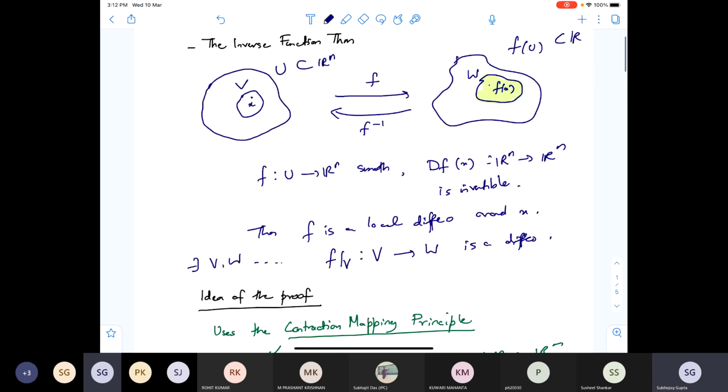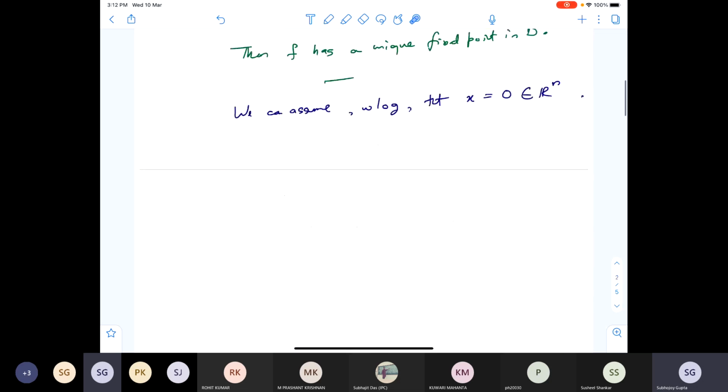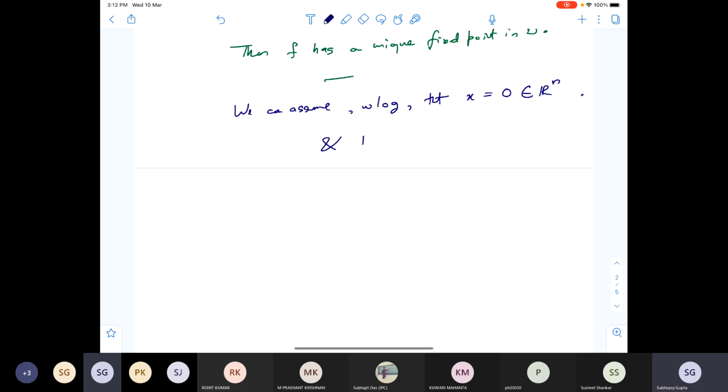This is just by translating things around, right? I can make sure that this point x is really the origin, and I can also assume that the derivative that we said was invertible, so that's the derivative at the point x, which is now the origin.